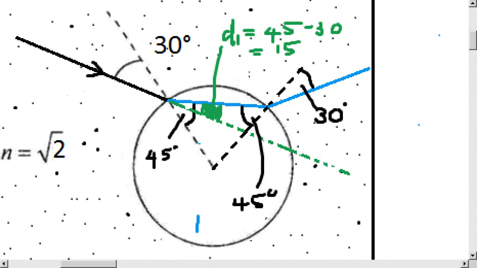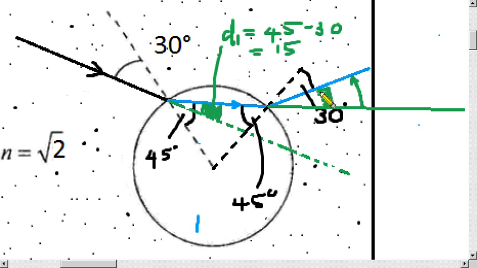Then the deviation here, how to find out? We have to draw the incident ray. The incident ray was heading this way. Now the incident ray is this one, so it is heading this way. So the turning is this one. The emergent ray has turned this way. This is the angle that we want.